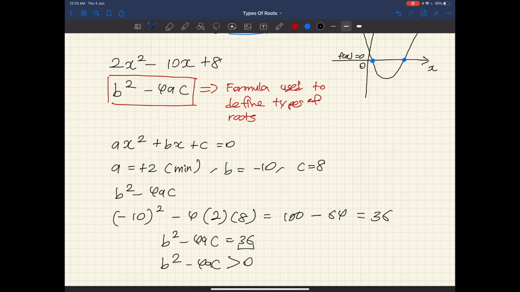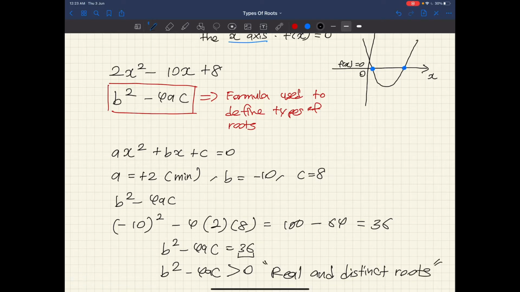If the number is greater than 0, that means you will have real and distinct roots. When you draw the graph, you should have two intersection points. That means when you solve for your roots, you should get two values.